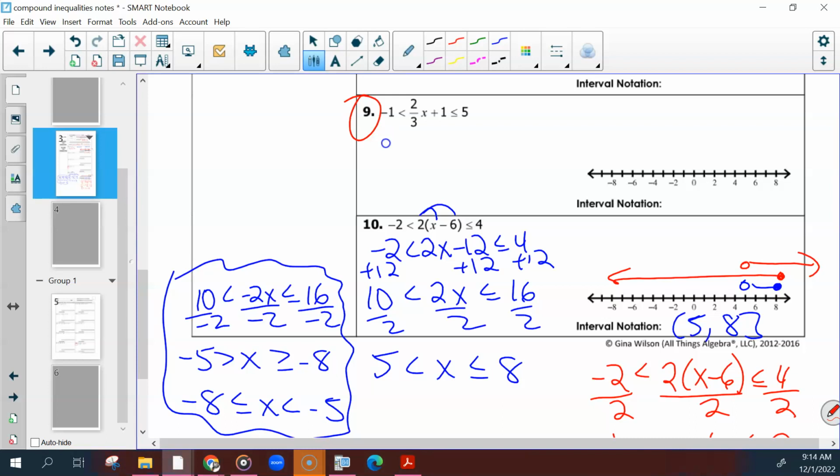All right, so for 9, we would need to get rid of the 1, so subtract that on all sides first. To get rid of the 2/3, what would I do there? Multiply by not 2/3, but 3/2 if we flip it.